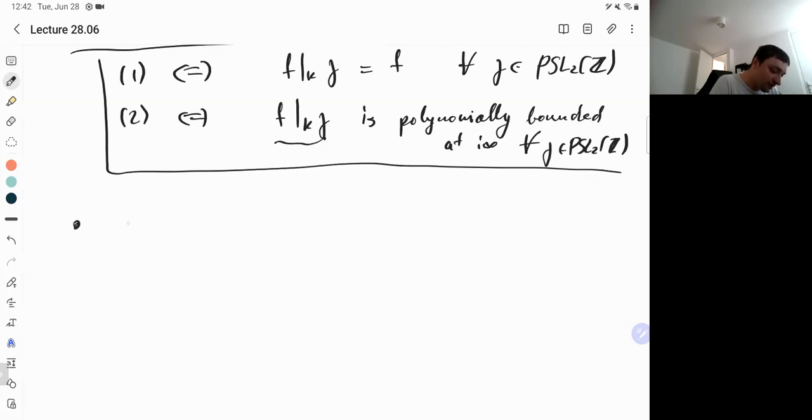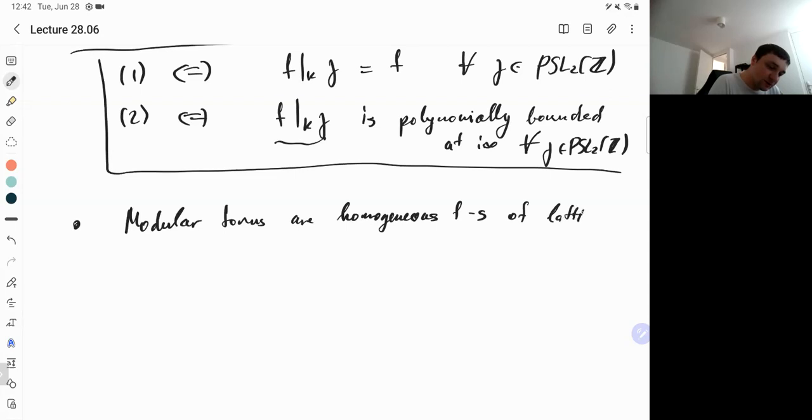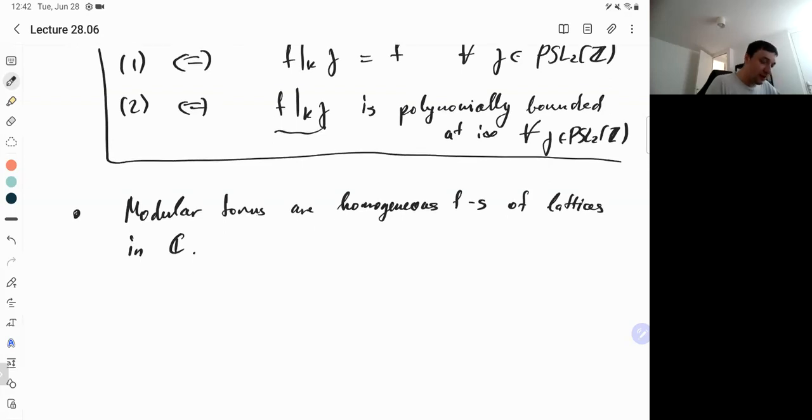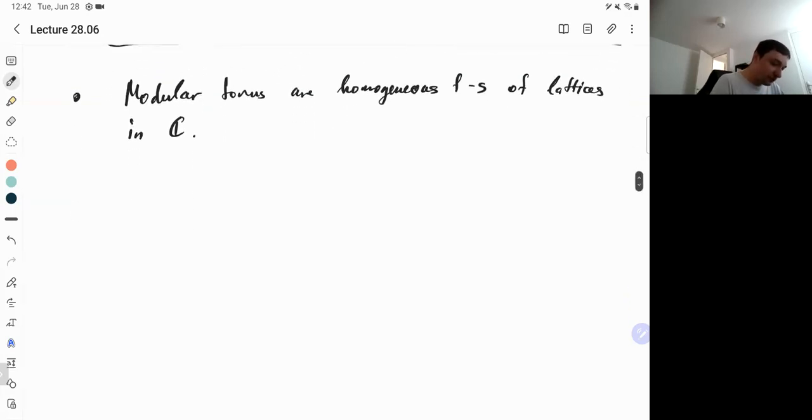Basically, you may think of modular forms as homogeneous functions of 2D lattices in C. If you have a lattice lambda, let's say you write it like this, where omega 1 and omega 2 are in C, and you make the basis oriented.